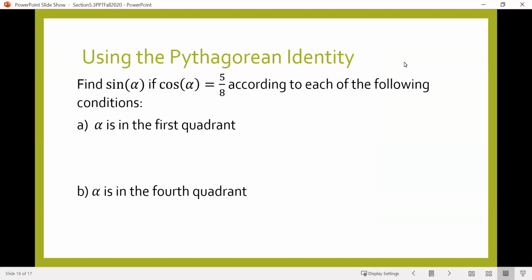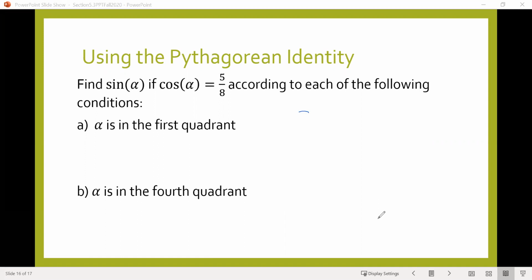Okay, so let's return to a problem that we did earlier in this section. We were asked to find the sine of alpha, given that the cosine of alpha, where alpha is some angle, equals 5/8. And when we did this, you may recall we used the Pythagorean identity.